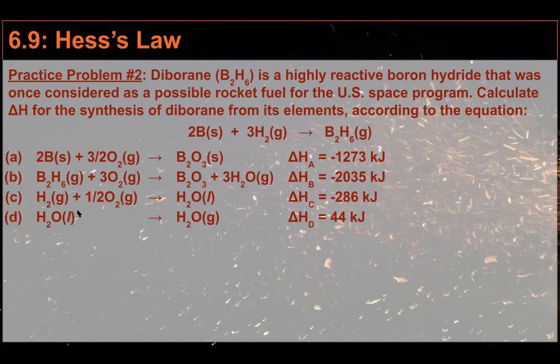Well, we have 4 steps here. So your goal is to figure out how we can add these up together to get this. You may need to reverse some of these. You may need to multiply a few of them by an integer. Okay, so try to figure that out on your own. You can pause the video here to do that.